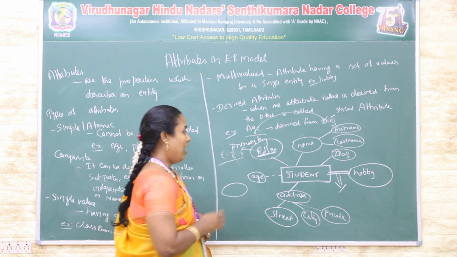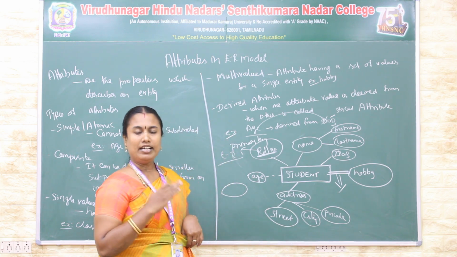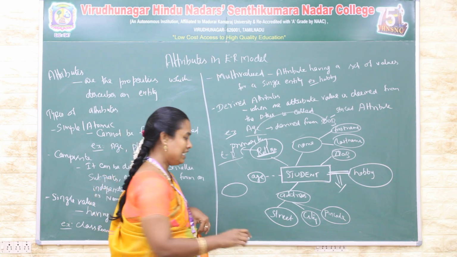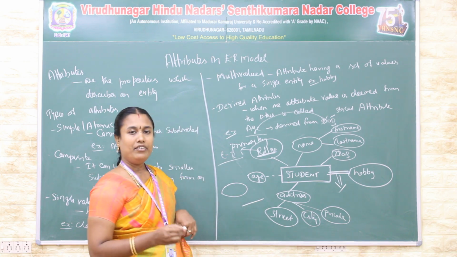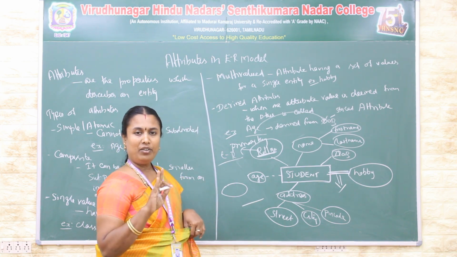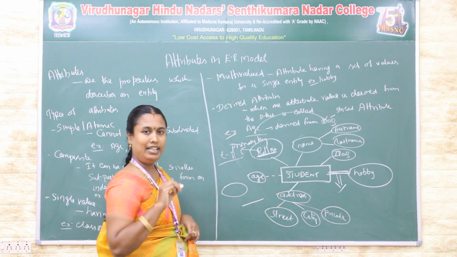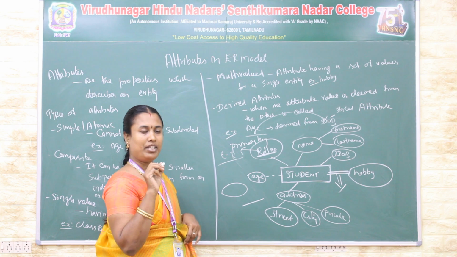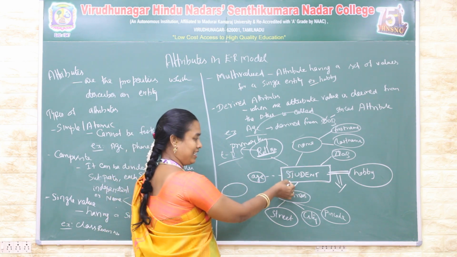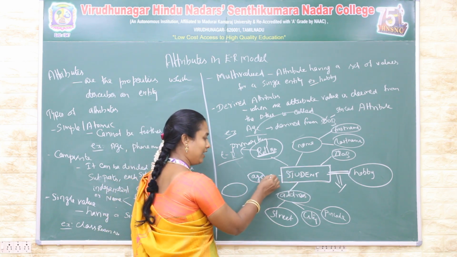All other attributes can be connected with the entity using a single line. Only multi-valued attributes are connected with a double line, and one more main clarification: a derived attribute is linked with the entity using a dotted line.